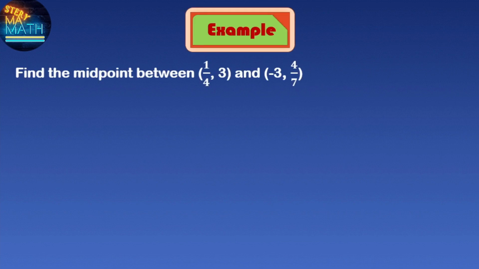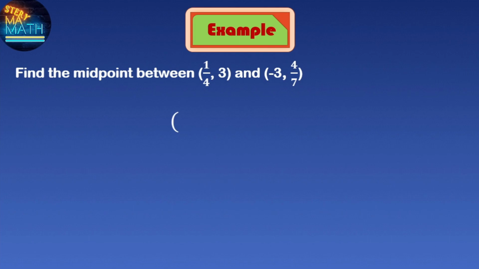Find the midpoint between (1/4, 3) and (-3, 4/7). Some students seem to be confused when they see fractions in the problem, but we can use a subterfuge or a trick to get rid of the denominator in the fraction.